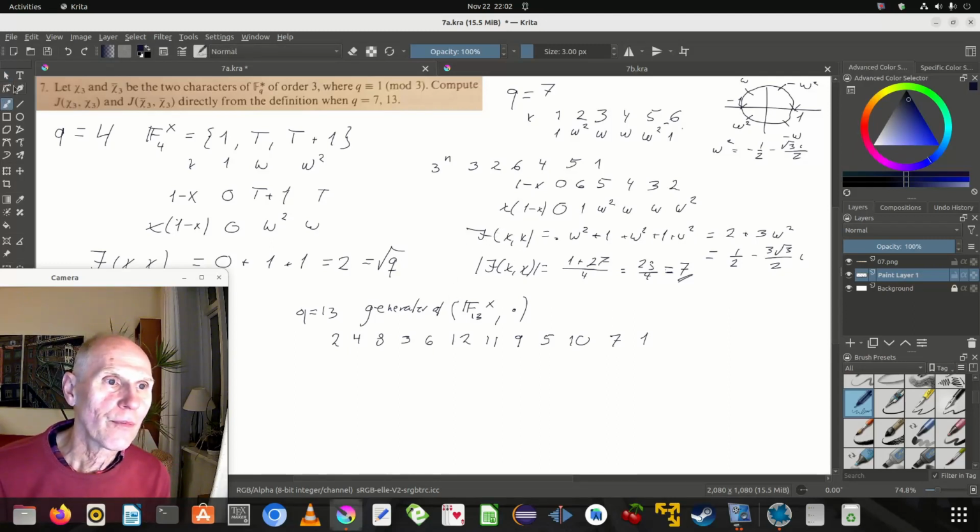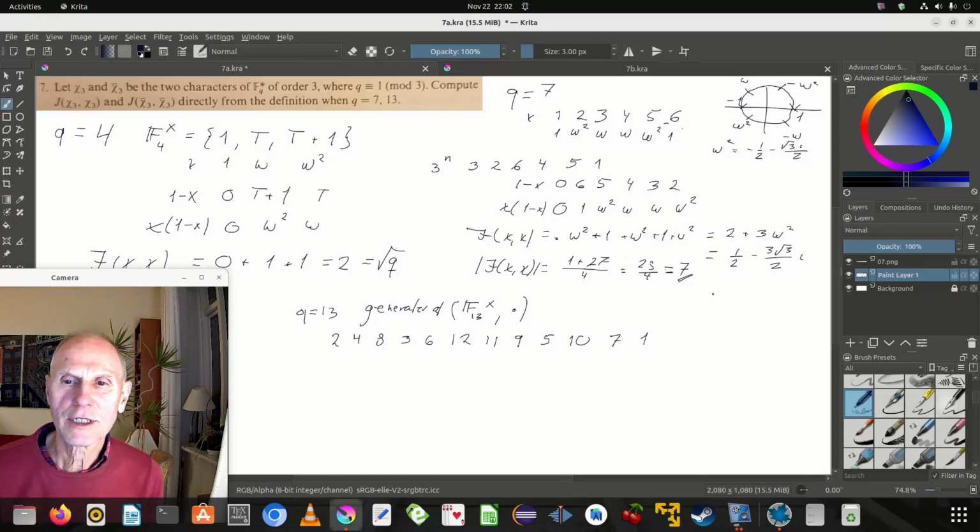Now, and of course the other one, everything is conjugate, so it would just be plus here instead of minus, so I don't want to do that. Now, the generator is 2, maps to omega. Omega squared, unity, that's cube.